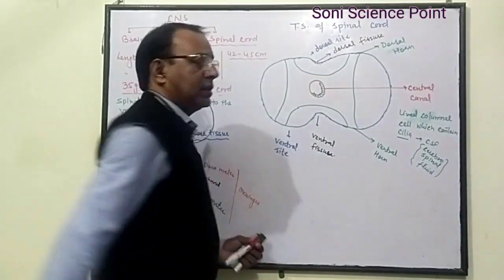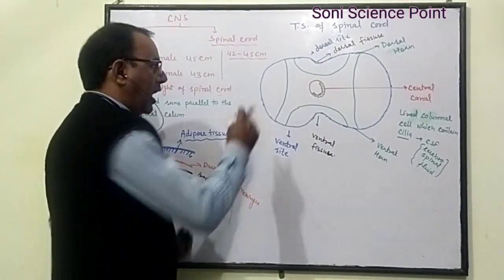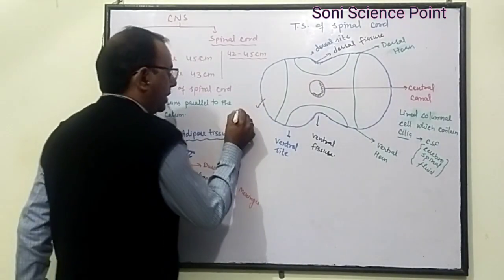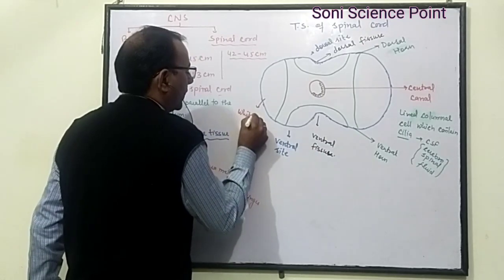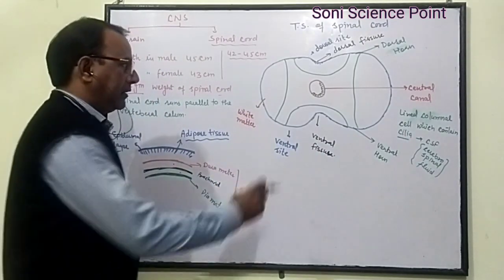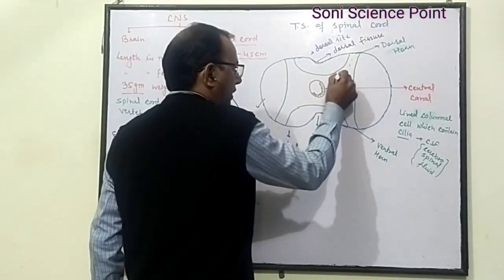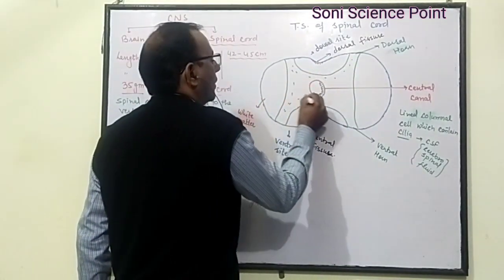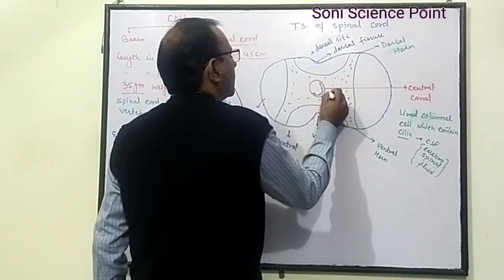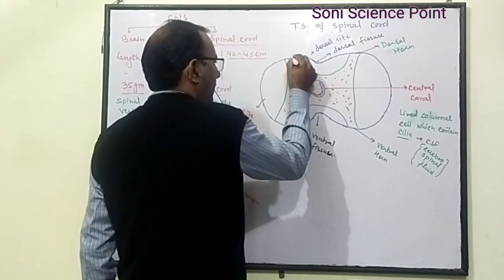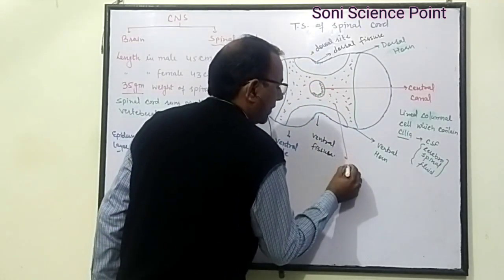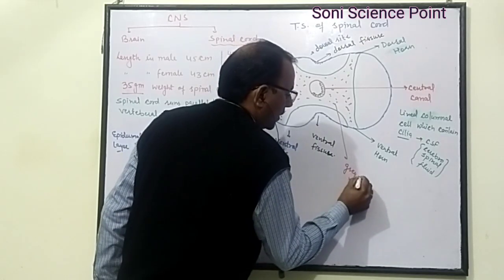The outside of the spinal cord contains myelinated neurons, so it is called white matter. And this inner zone contains non-myelinated neurons, so it gives a dark representation, or we can say gray matter.